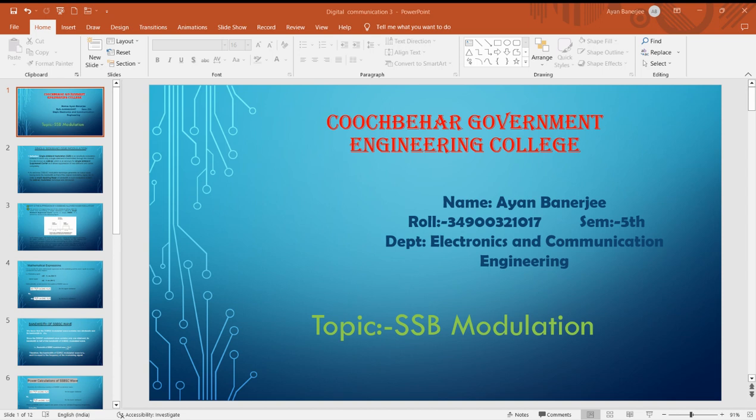We know that the standard formula for power of cos signal is P equals Vrms square by R equals (Vm by root 2) square by R. So in this case, the power of the upper sideband is P of upper sideband equals (Am Ac by 2 root 2) whole square by R equals Am square Ac square by 8R. Similarly, we will get the lower sideband power same as that of the upper sideband power.